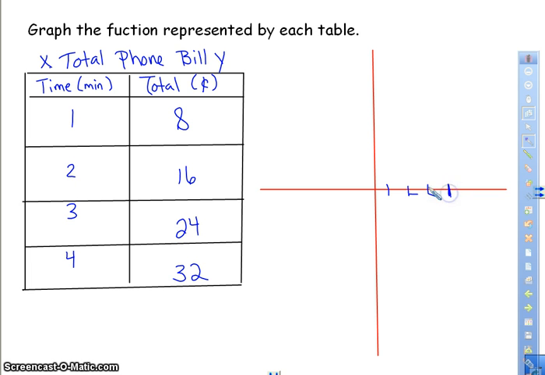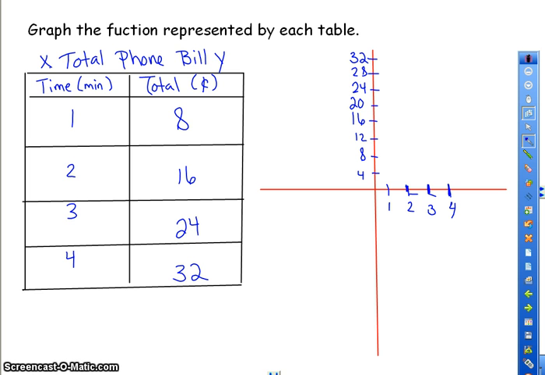I'm going to put this as a 1 so that I know what that scale is. Now the y's, I'm going to create a different scale because the numbers are so big. So I'm going to go up by 4s. 4, 8, 12, 16, 20, 24, 28, 32.